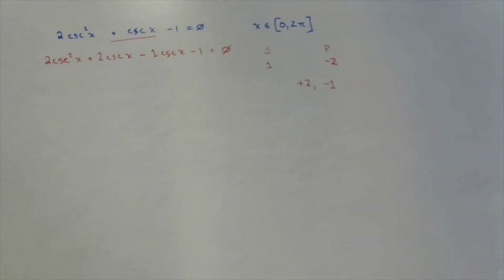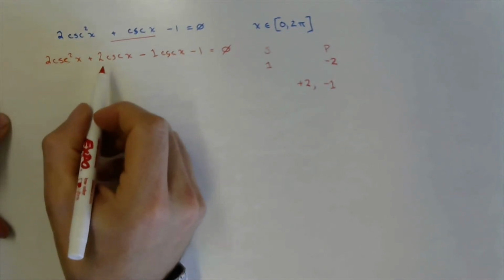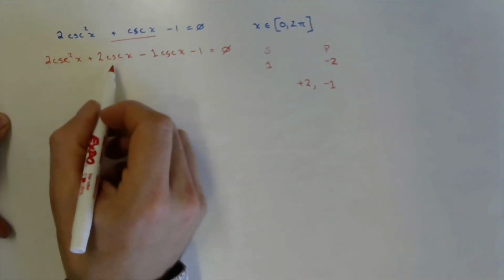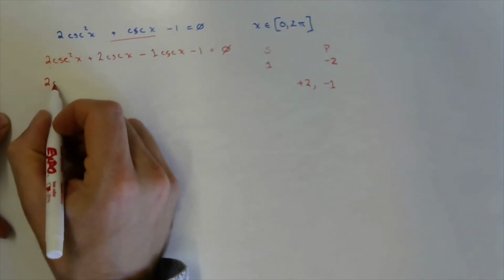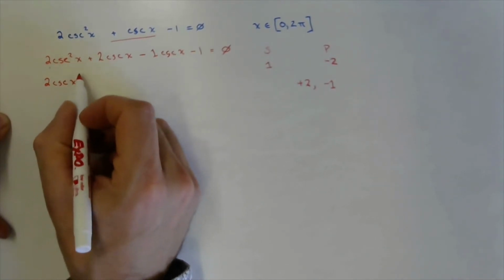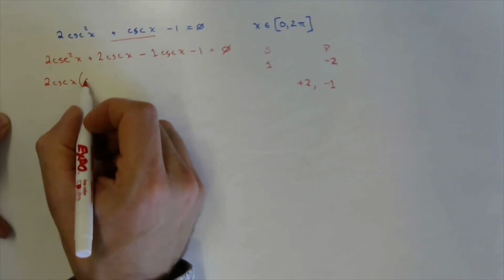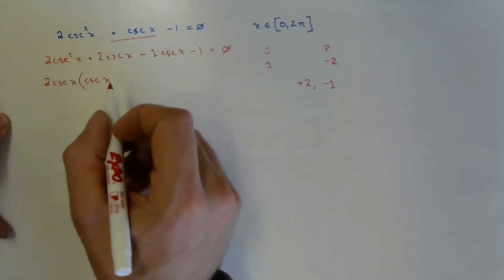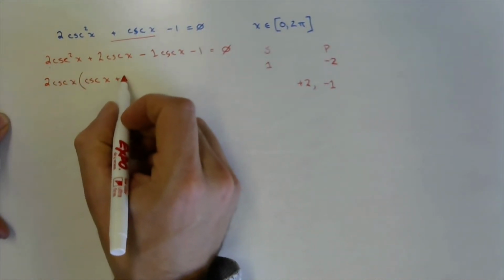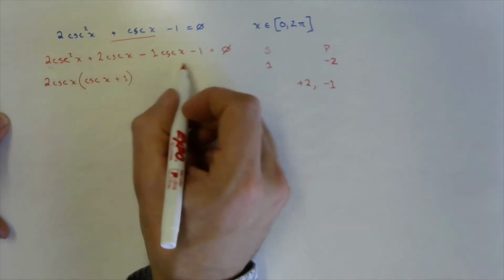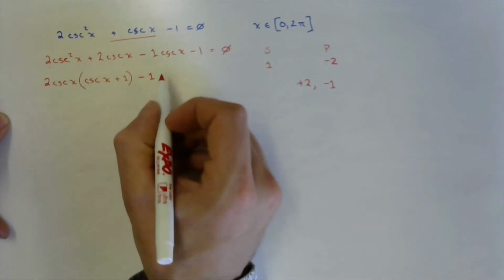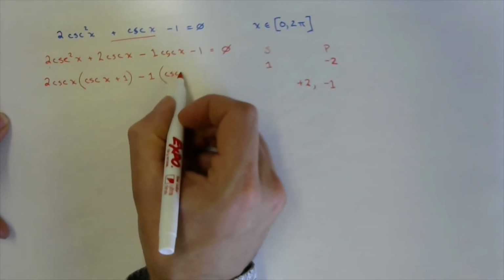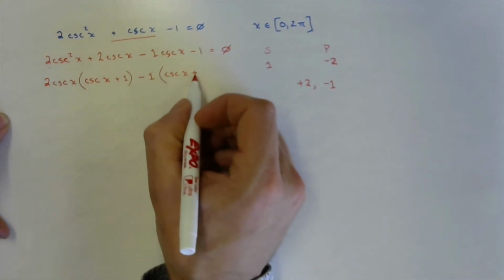And now to complete the factorization by grouping, from these first two terms I can pull out a factor of 2 times the cosecant of x. It leaves me with the cosecant of x plus 1. Here I can factor out -1, leaving me with the cosecant of x plus 1.